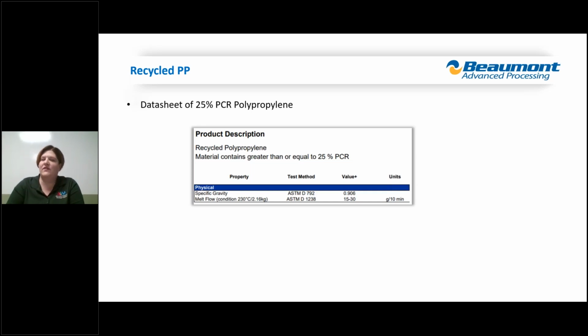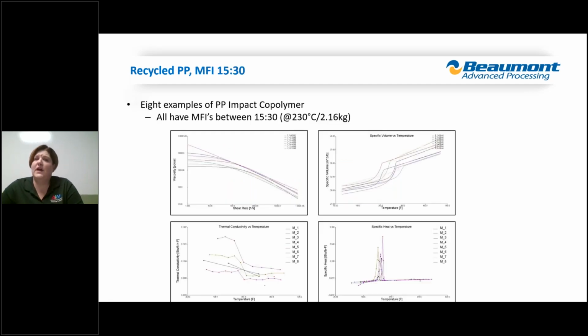I don't have a ton of options for recycled content currently in the public database. So what I did was I took 8 examples of an impact copolymer polypropylene, and they all have MFIs between 15 and 30.